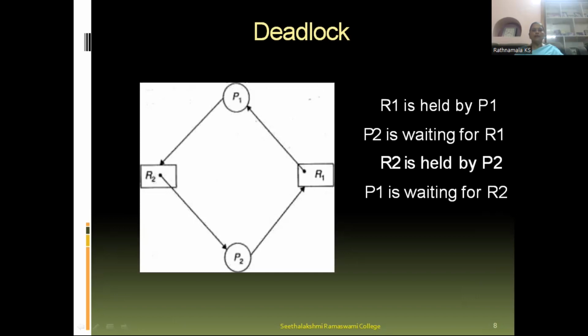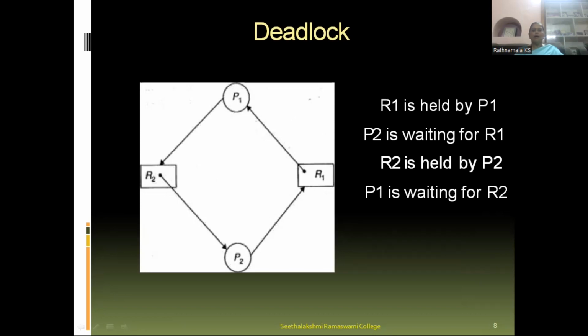Resource R1 is held by P1, but P1 requires R2 also to finish the process. Similarly, P2 already holds resource R2, but to complete the entire process, it needs R1.